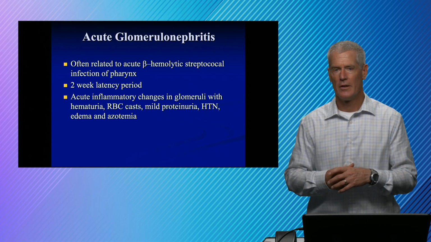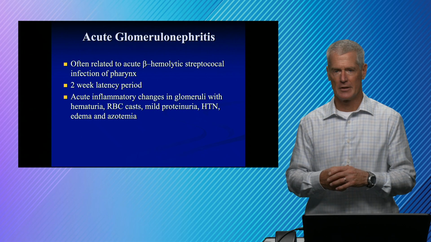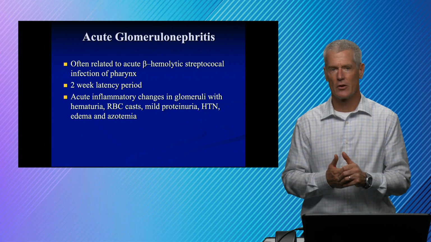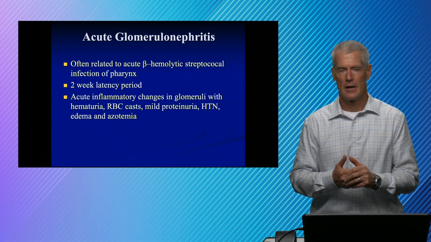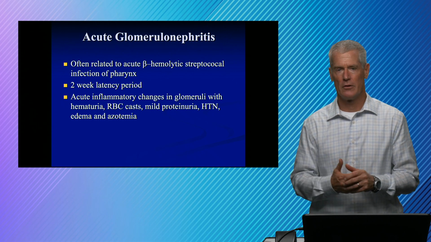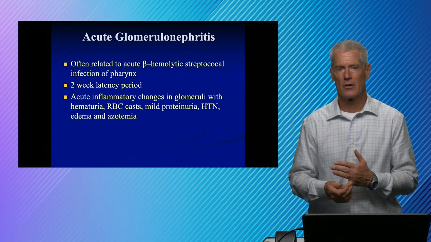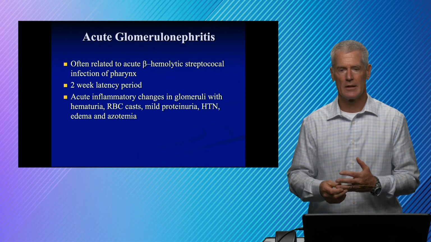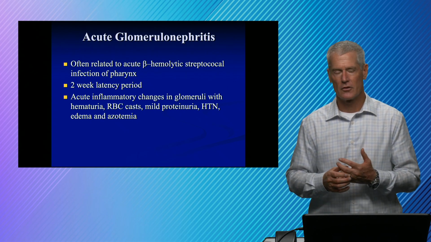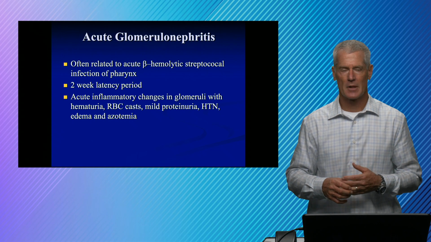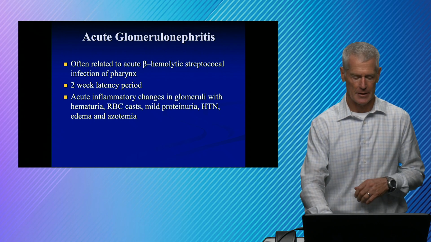And so the kidney is designed not to filter proteins, and so protein in your urine is not good. And so mild proteinuria because of the inflammatory process. Patients become hypertensive because they're not clearing fluids correctly. They get interstitial fluid buildup and edema and azotemia.